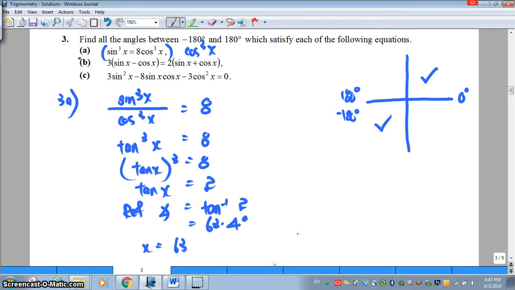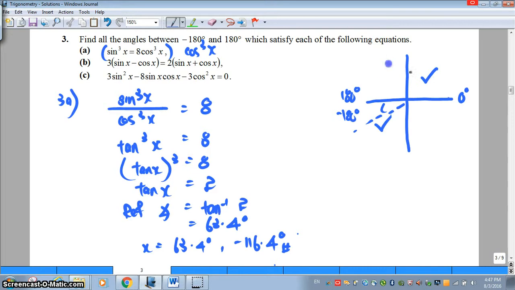But if you can't see, I'm going to help you a little bit. How about I replace your sine by A and your cosine by B? Is this what you have? If I replace your sine x by A and your cosine x by B. Alright?